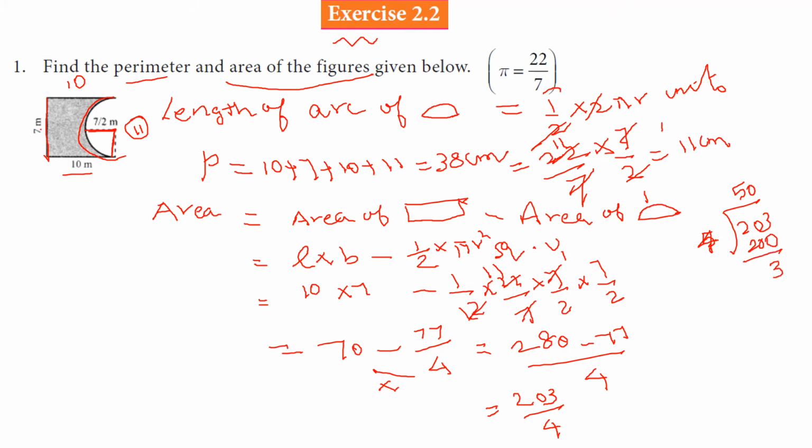Put the decimal point, and we can add 0. 7 fours are 28, minus 2, so again put 0. 5 fours are 20. Therefore the answer is area 50.75 centimeter square.